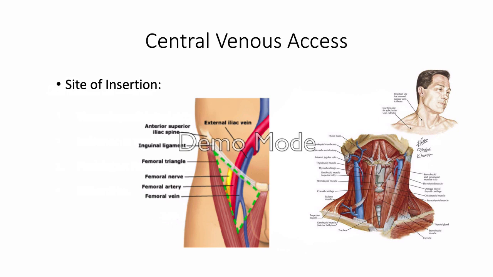In this photo, I want you to concentrate more on the relation of the vein and its adjacent structures. The internal jugular vein, as you can see, lies more lateral to the carotid artery.